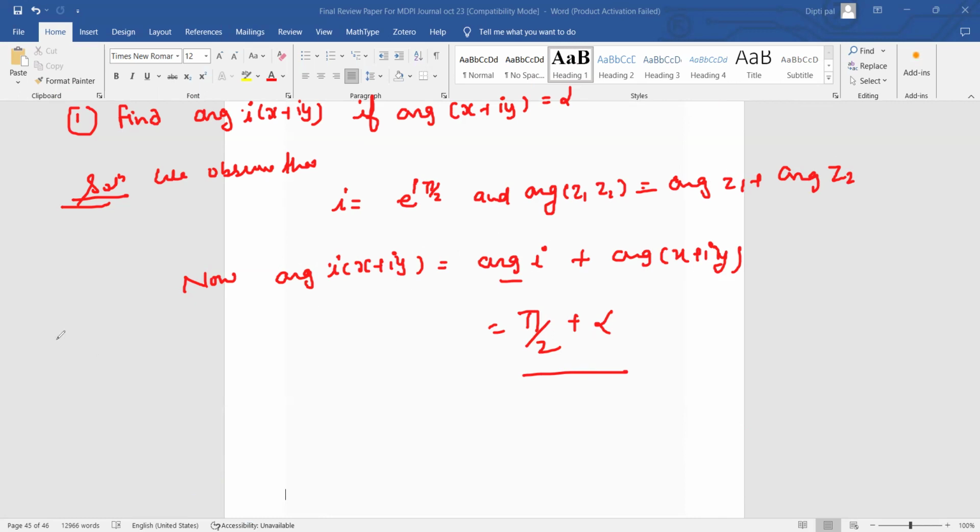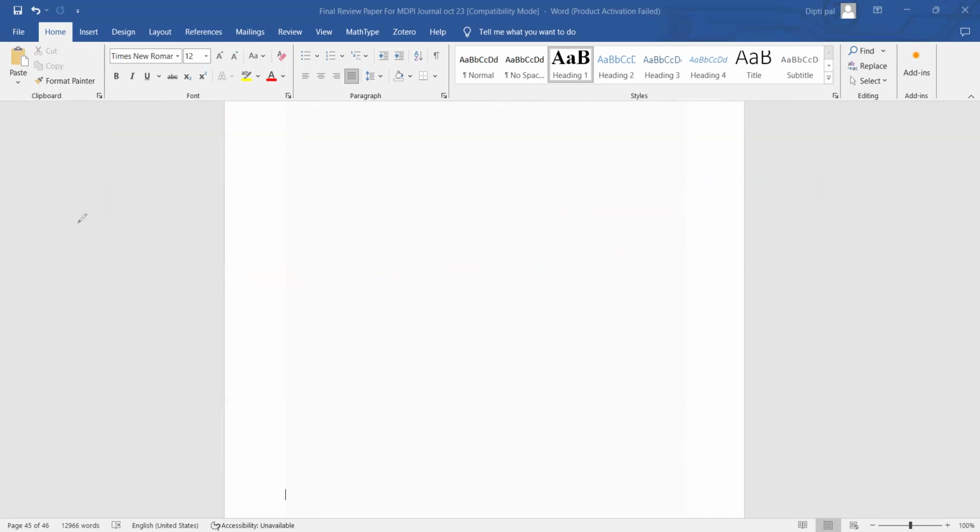Now we move to next. Some properties of modulus.